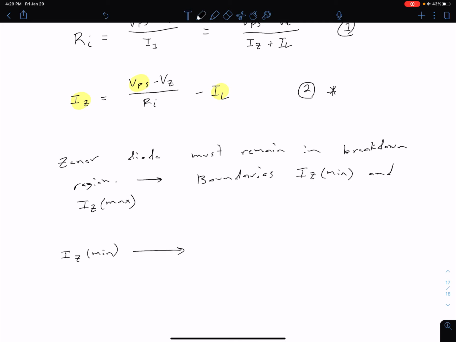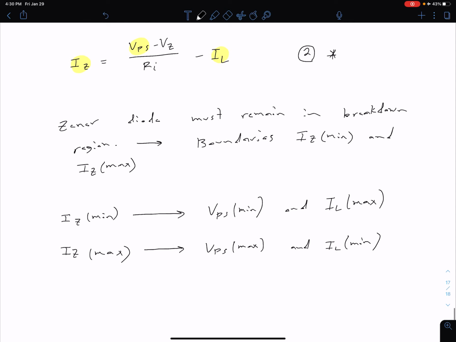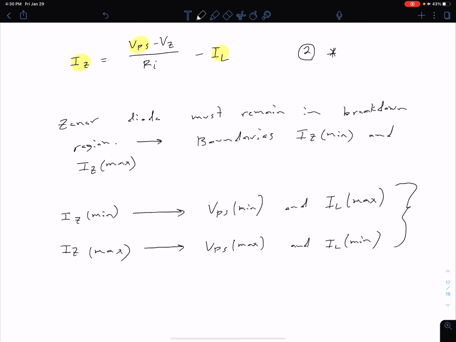So that corresponds to a VPS min and an IL max. And through similar arguments, our IZ max, if we look at equation 2 above, corresponds to VPS max and IL min. Okay? So now what we can do is take both of these and consider them in terms of equation 1.